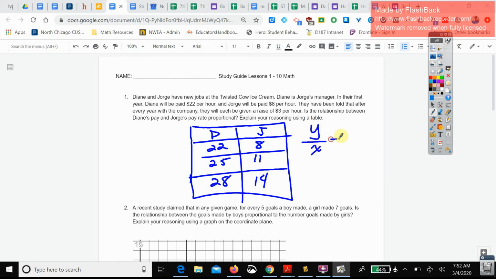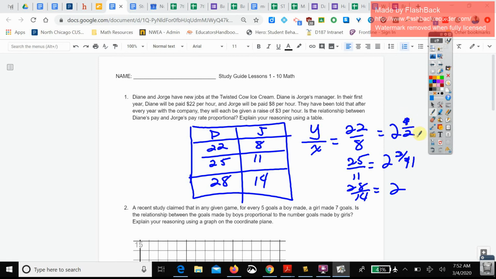So y divided by x. We've got 22 divided by 8, and then we've got 25 divided by 11, and 28 divided by 14. Well, this is a 2 and 3/11, this is a 2 and 3/11, and this is 2 and 1/2. So they're all different.